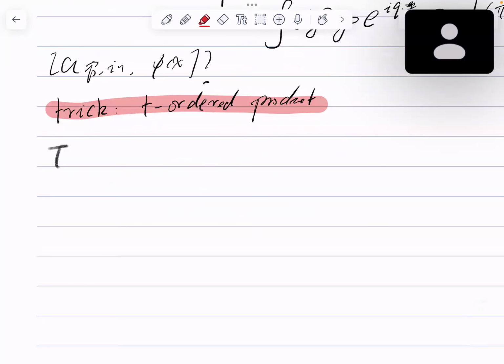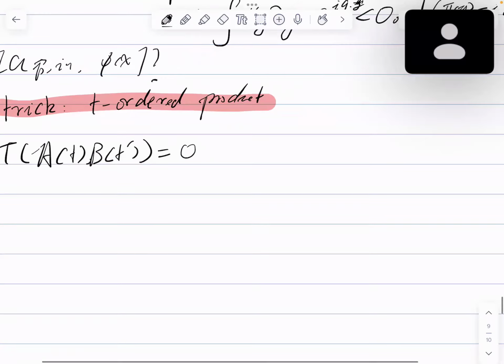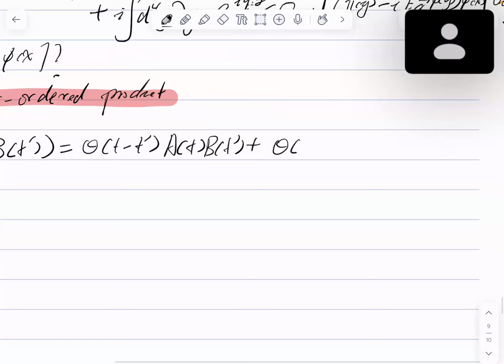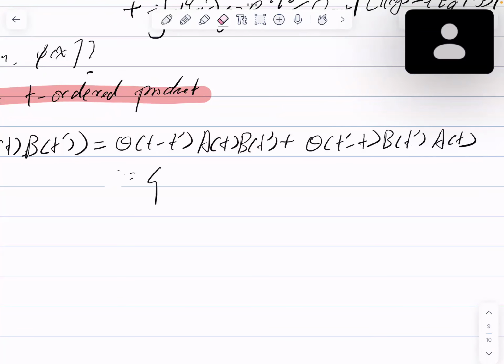T of A(t) B(t prime) equals theta(t minus t prime) A(t) B(t prime) plus theta(t prime minus t) B(t prime) A(t). And theta is the step function defined as 1 for t larger than t prime, and 0 for t less than t prime.